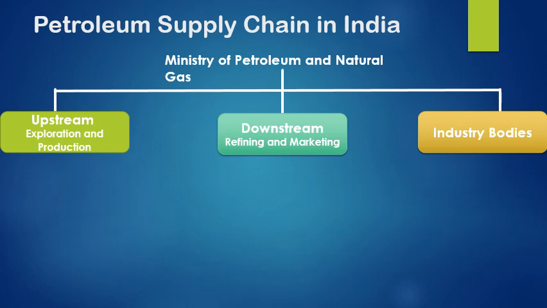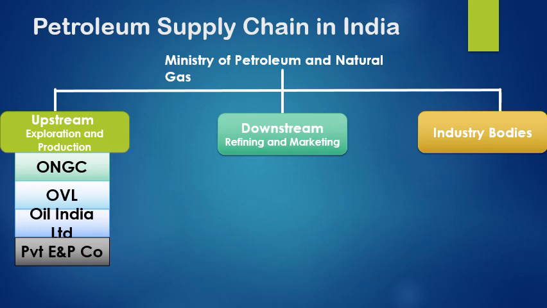They explore where they can get the crude oil and then supply it to corresponding locations, and there are downstream operations who basically refine and market it. In between the upstream and downstream operations, there are other industries associated with this entire petroleum chain.